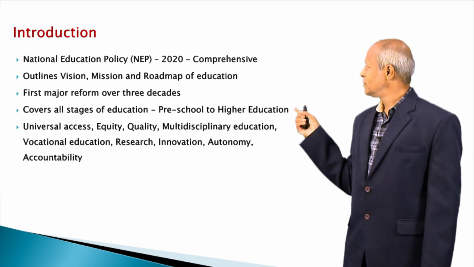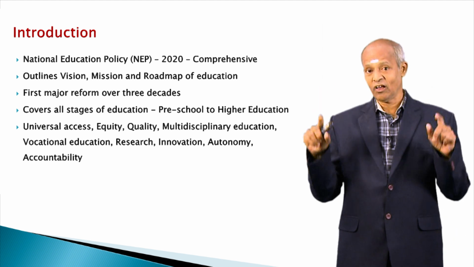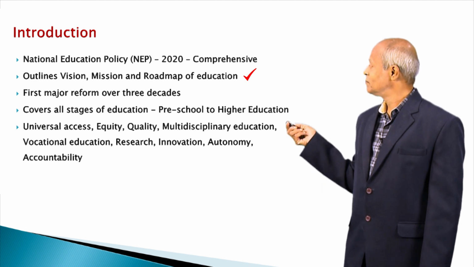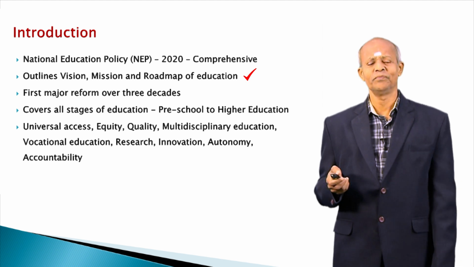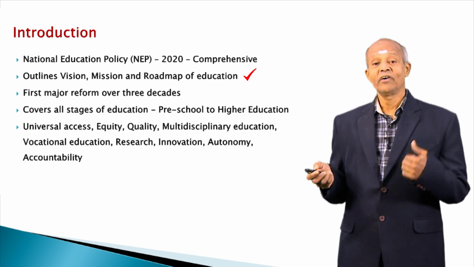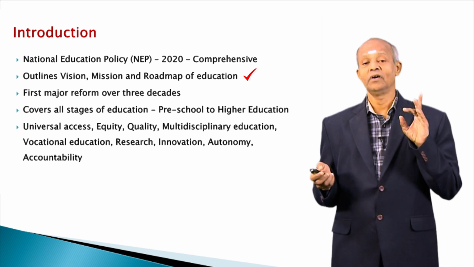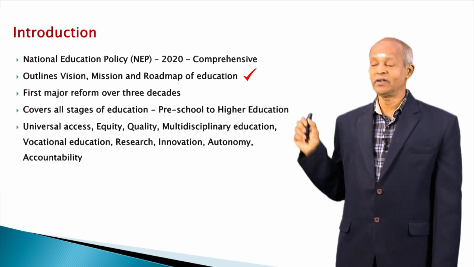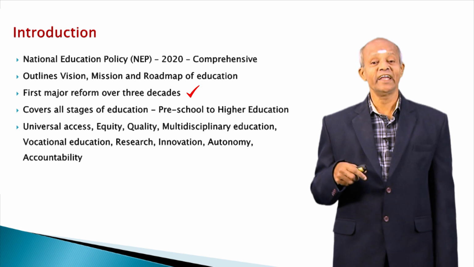NEP 2020 is very comprehensive, that means it is a very elaborate policy and it outlines vision, mission and roadmap. It gives a very clear vision of what to do, mission of how to do, and roadmap of where to go. All that is given in the NEP 2020, and it is the first major reform over 3 decades.